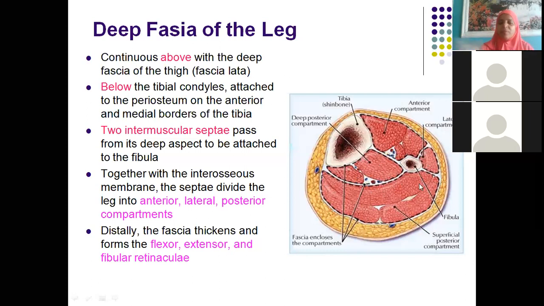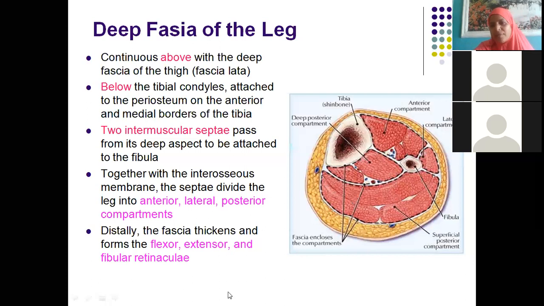Then we have seen the sciatic nerve. Just trying to recollect what we discussed in the previous class. The sciatic nerve has bifurcated into two. Ritika, what are the two? Yes, at the upper part of the popliteal fossa, it has bifurcated into the common peroneal and tibial nerve.